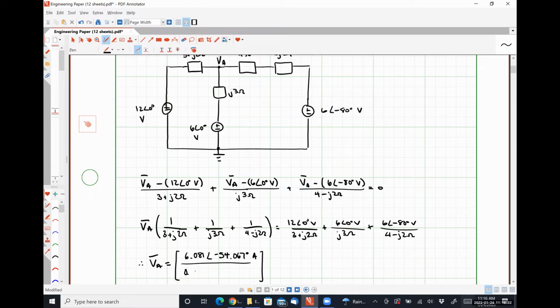That's 0.579 angle negative 41.950 degrees per ohm.